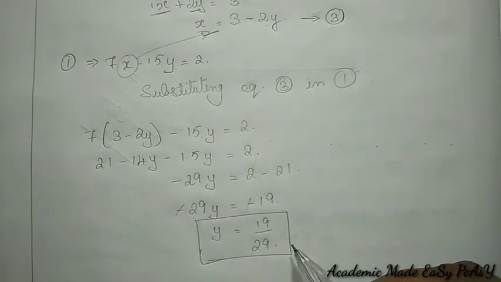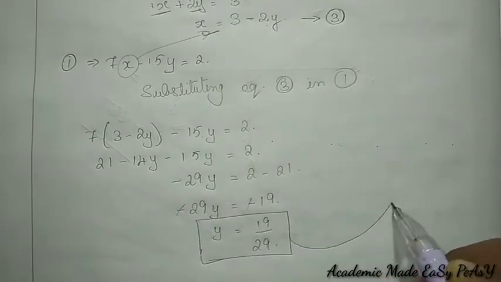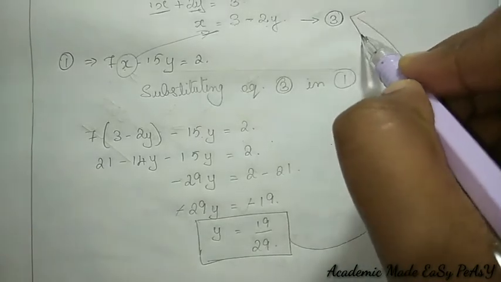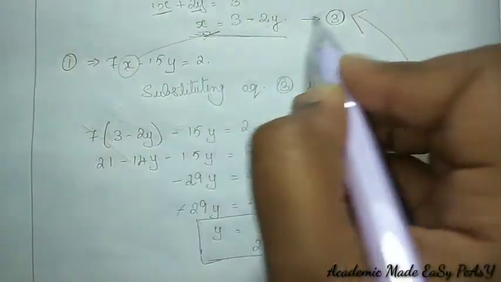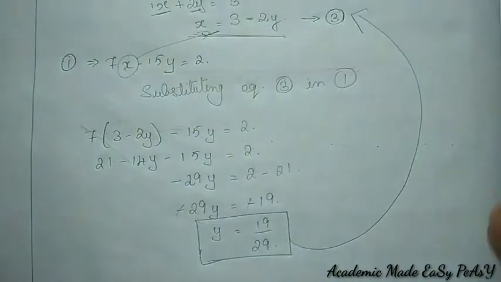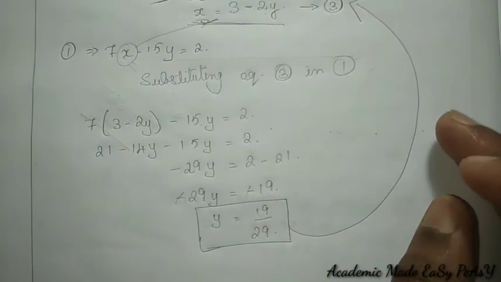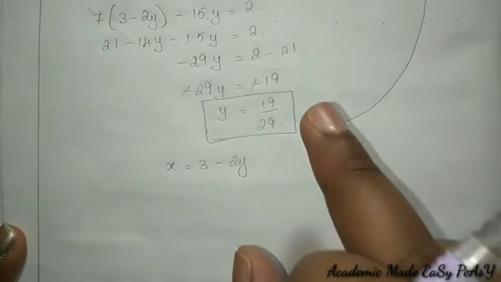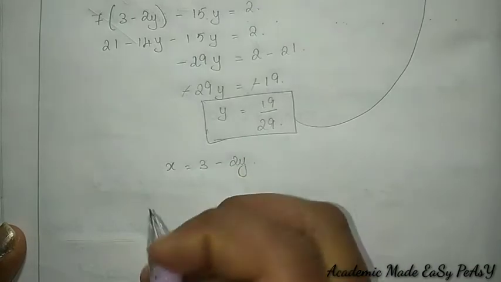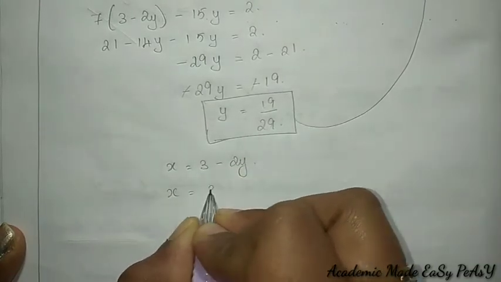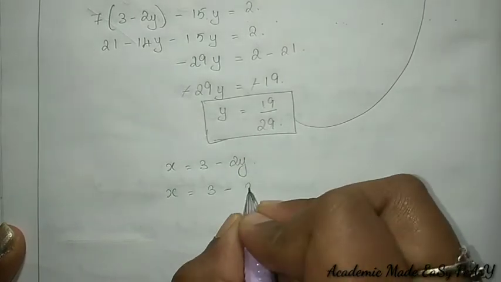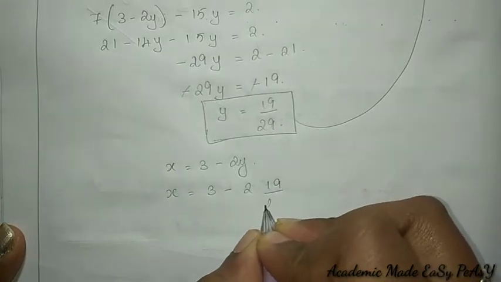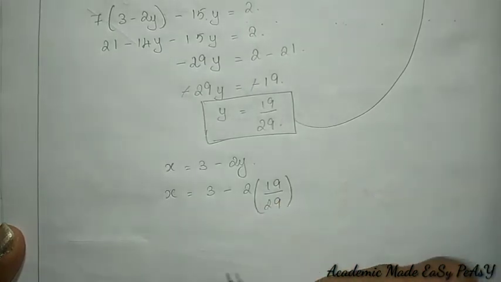Now I will be substituting the value of y in equation 3 in order to get my value of x. So what is my x? x is equal to 3 minus 2y, isn't it? We'll be substituting the value of y over here. So x is equal to 3 minus 2 into 19 by 29.